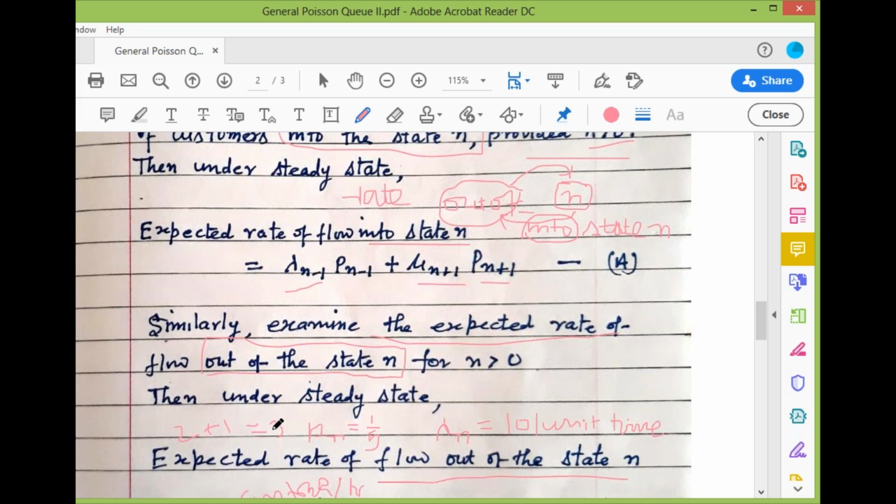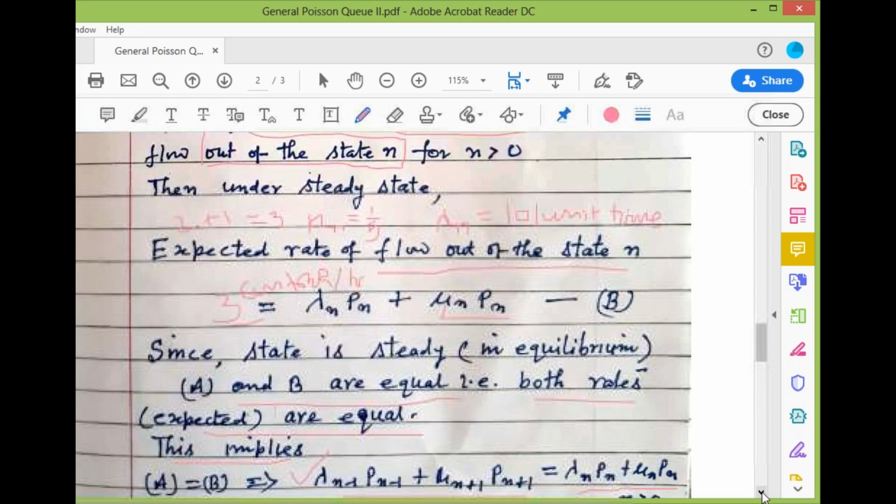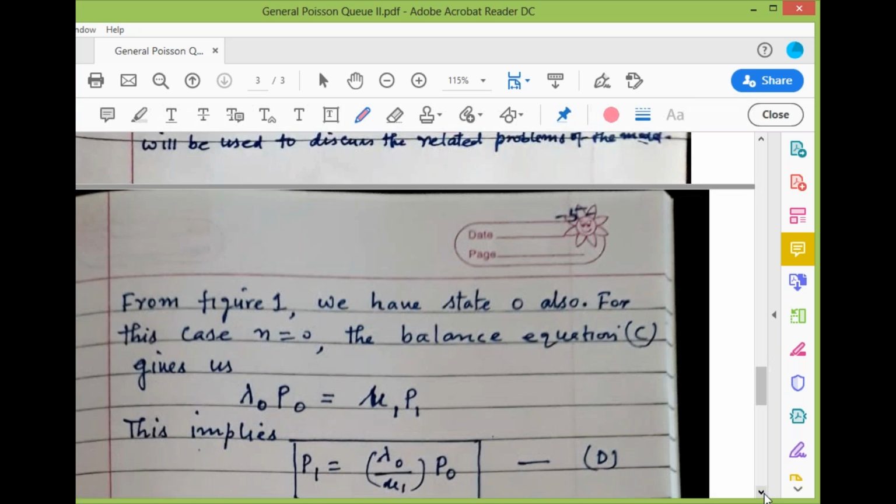So this is the balance equation. Perhaps this is the backbone of the mathematical structure. It is balance because left and right are equal, therefore balance equation. This is the standard balance equation through which we will discuss further.